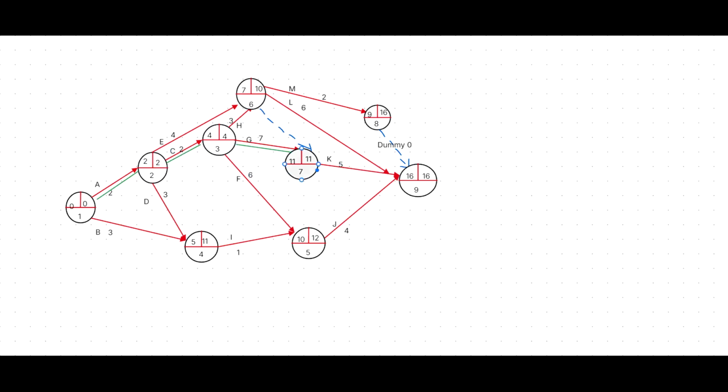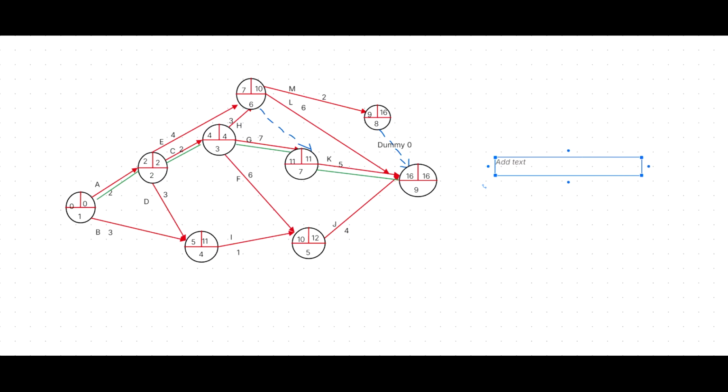Then the answer is the critical path: A, C, G, K. The entire project completion time is 16 days or months or something. Let's see the question. Month, 16 months.